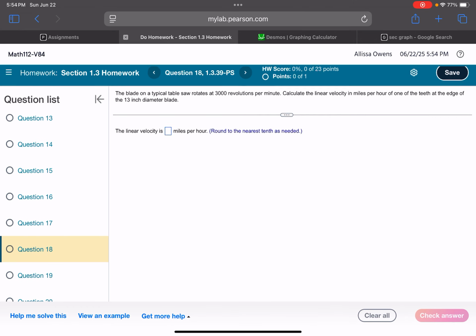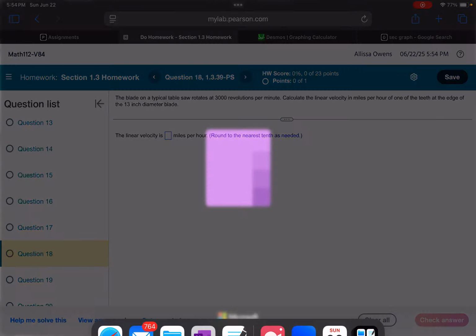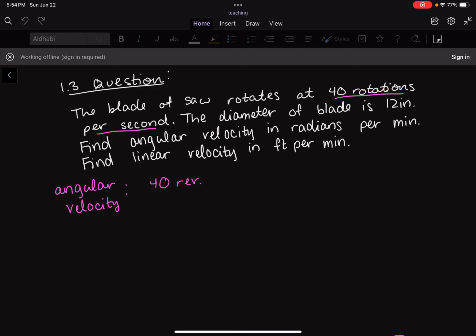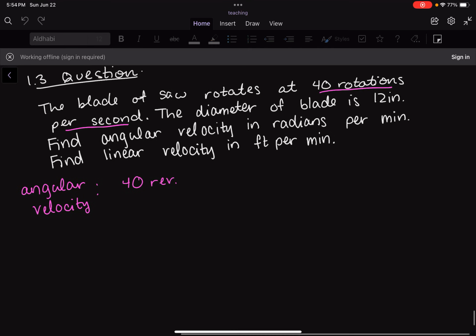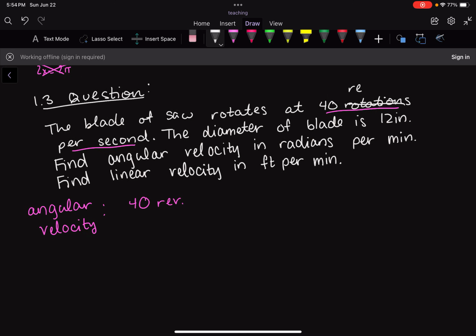Oh yeah, I did. Look, they said revolutions, but I put rotations. That's my bad. I try to structure it the same, so I should say revolutions, but those pretty much mean the same thing. So let me put a note here. Instead of rotations, this really should say revolutions.